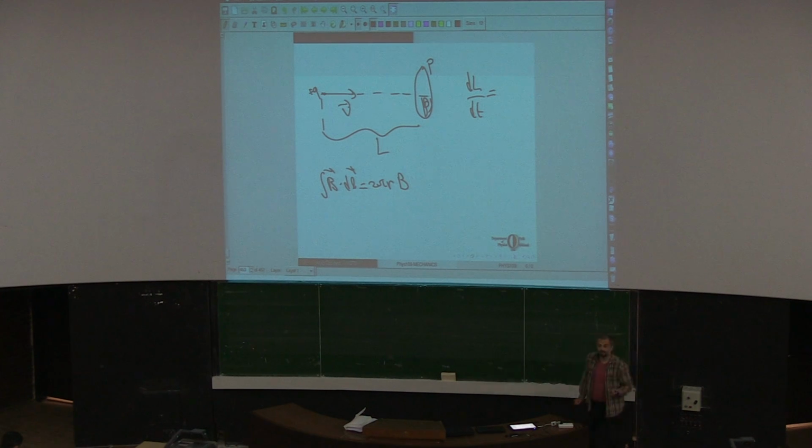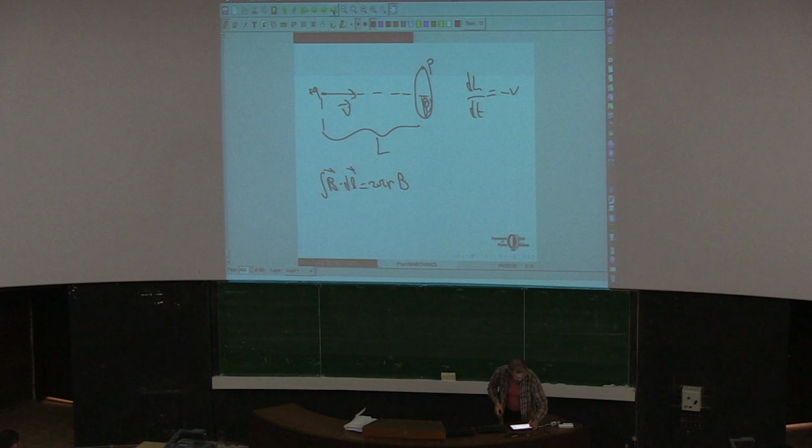V or minus V? In this configuration, at this instant, it is minus V. Remember, L is decreasing in time. dL by dt is a negative number, so it's a minus V over here.